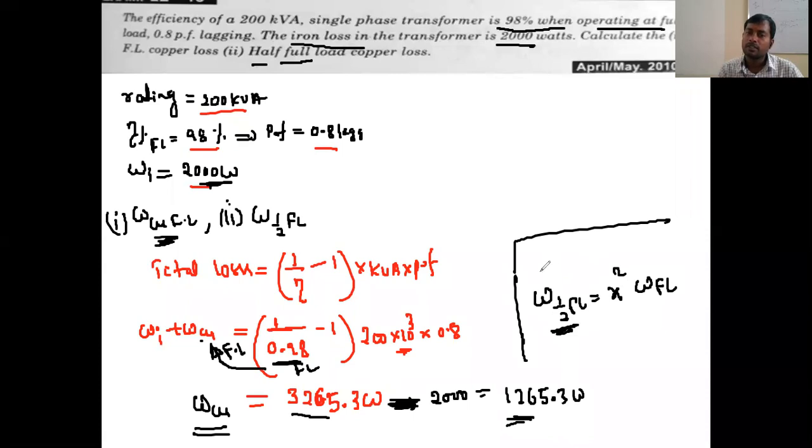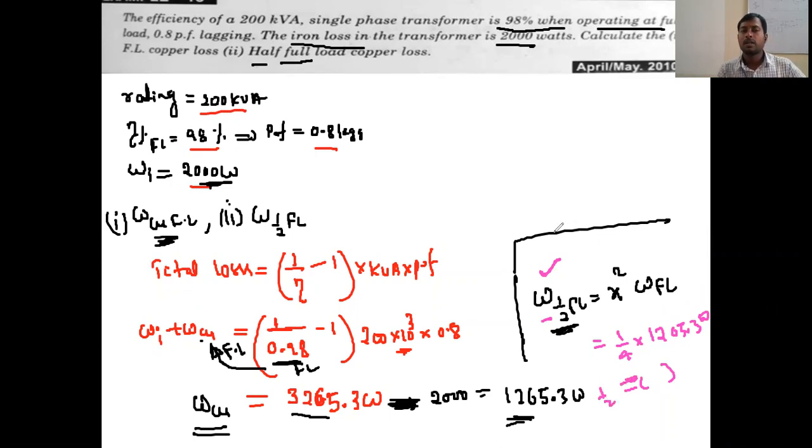This is the formula which I discussed earlier. Off load copper losses is equal to x squared times W_Cu, the full load copper losses. Here x squared is 4, into the full load copper losses, 1265.3 watts. After solving this, you will get the answer, the off full load copper losses.